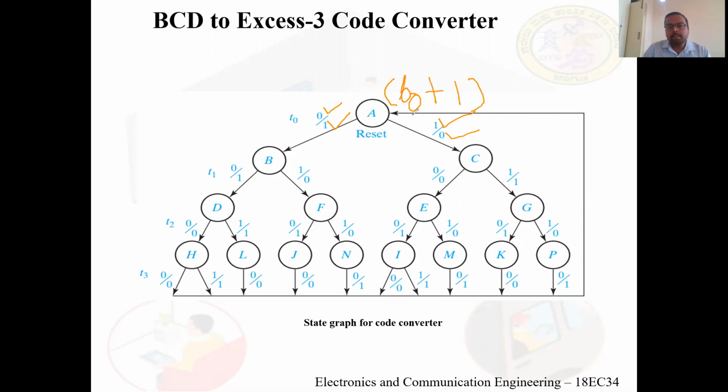V0 is nothing but the digit. If V0 is 0, then 0 plus 1 will be equal to 1. So the output is 1 here.